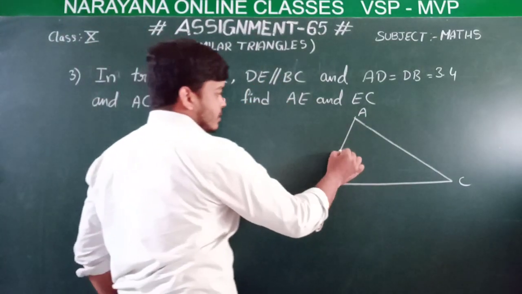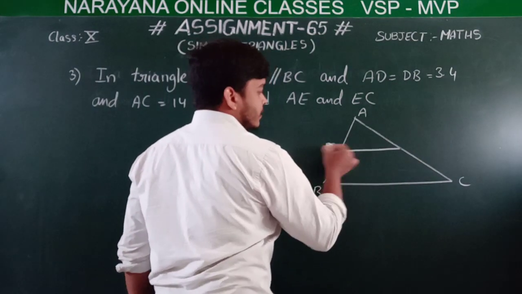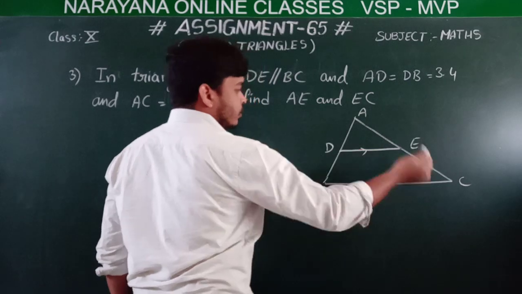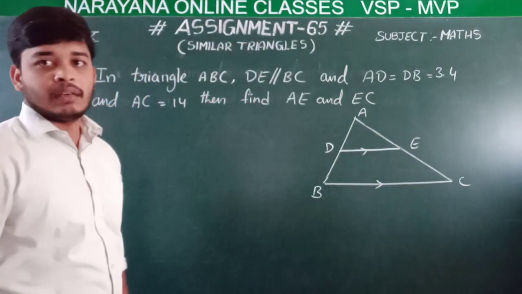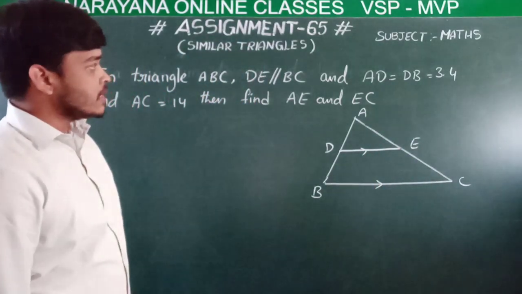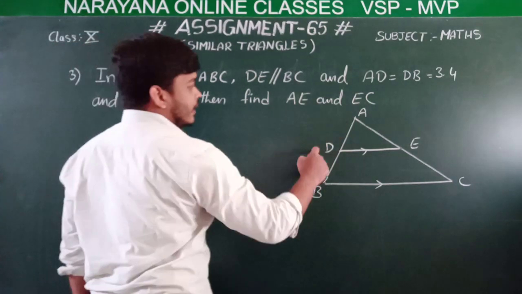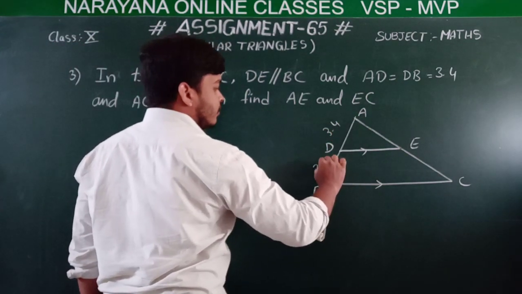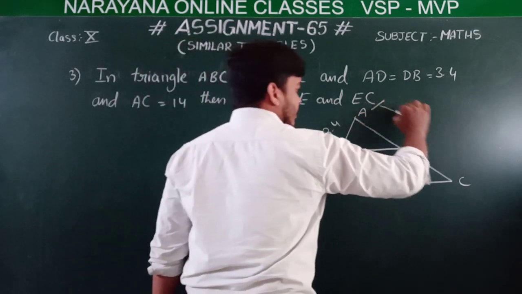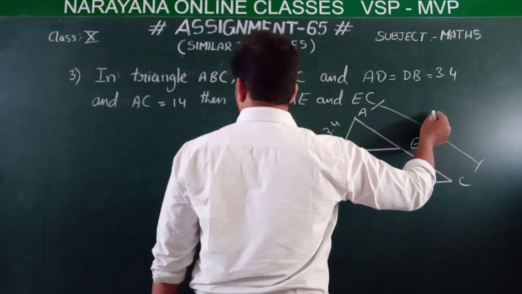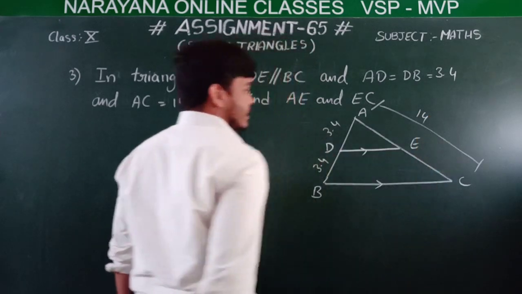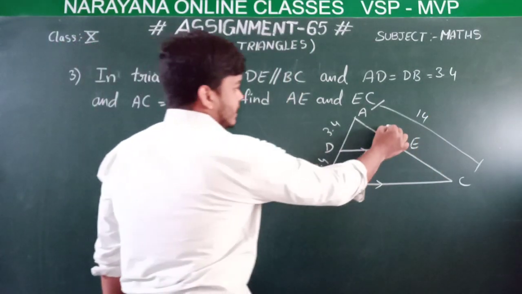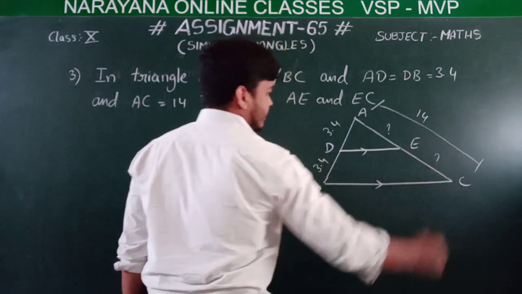Another line is there, DE, which is parallel to BC. And he is saying that AD is 3.4 and DB is 3.4, and AC is given as 14. Now we need to calculate the AE value and EC value.